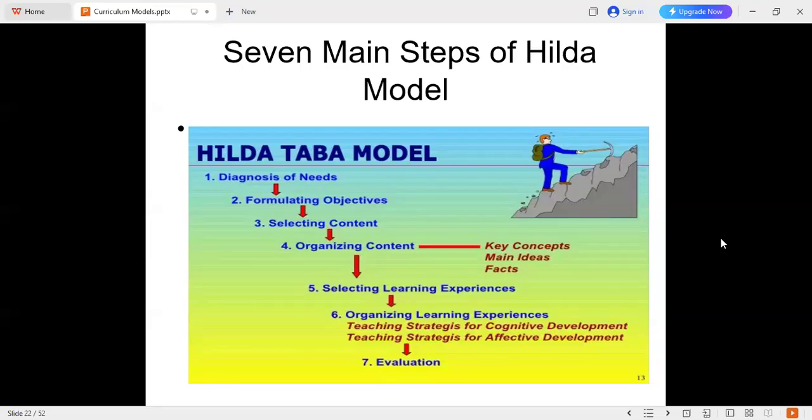Yes, we need diagnosis of needs. That is a good one. Based on the country's needs, society's needs, we should formulate educational objectives.